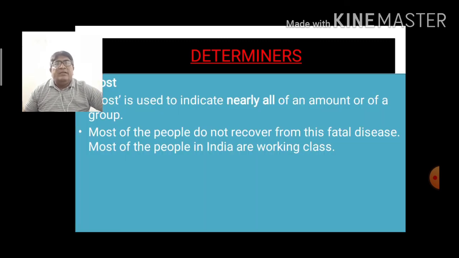Next is most. Most is used to indicate nearly all of an amount or of a group. So most of the people do not recover from this fatal disease. Most of the people in India are working class. These are examples of most.